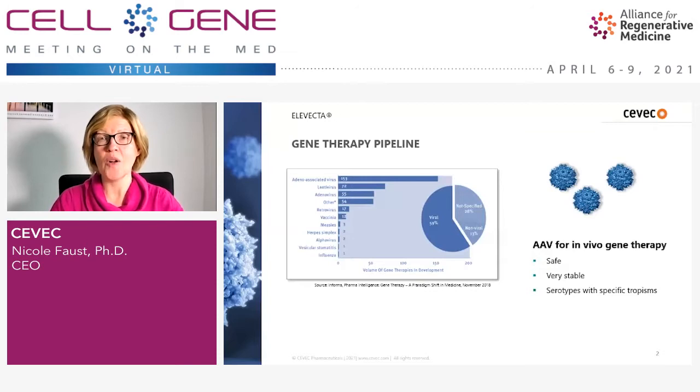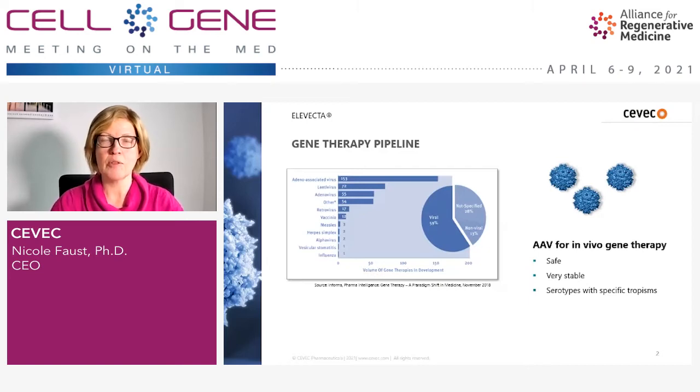As you all know, cell and gene therapies are currently developing at an amazing speed, and so are the associated delivery tools. When we look at the vectors in use, it's apparent that the majority of vectors used to deliver the gene cargo to patients for in vivo gene therapy are based on adeno-associated virus.